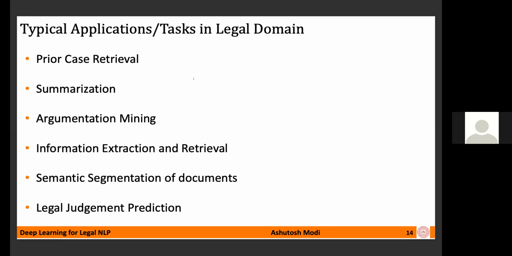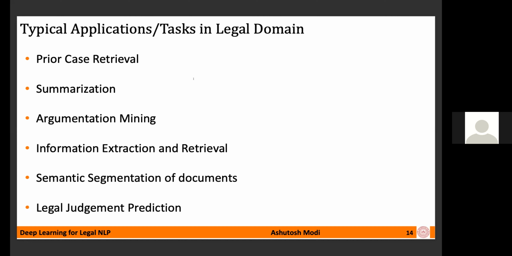The task here is that, given a legal document, you would like to retrieve all the prior cases which have similar facts and similar setting, right? This is very useful for lawyers. If a new case comes to a lawyer with certain facts, he or she would like to retrieve all the past cases from the database which have a similar setting with respect to facts, so that they can frame their case according to the decisions that were given in the past cases.